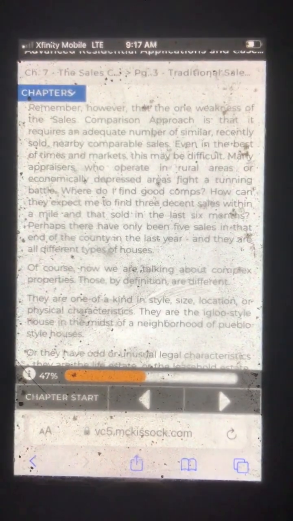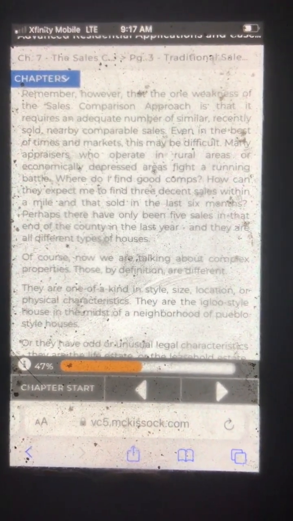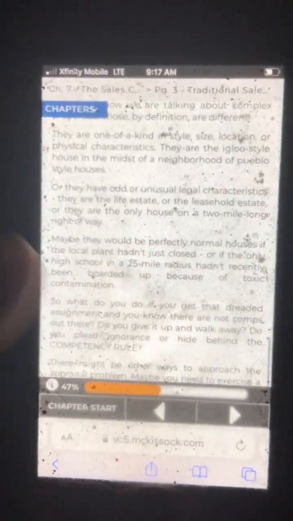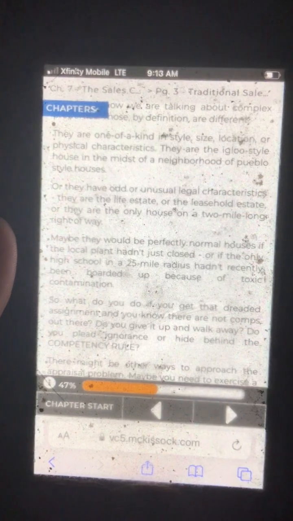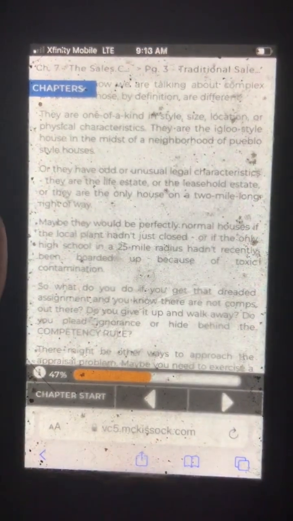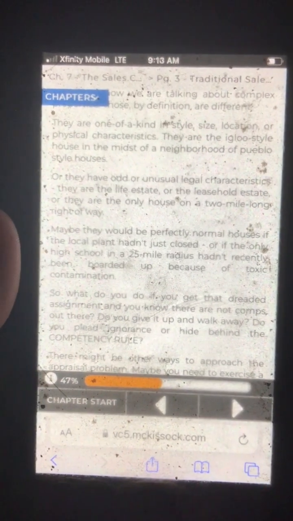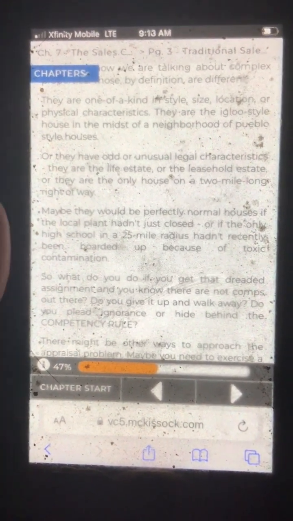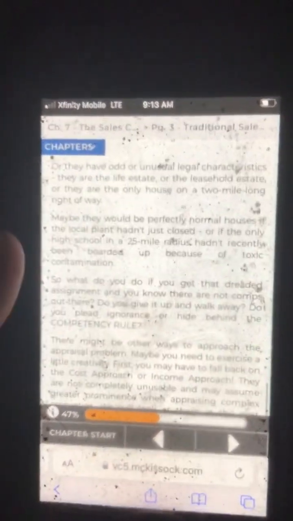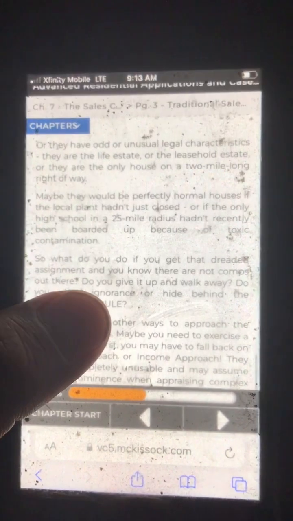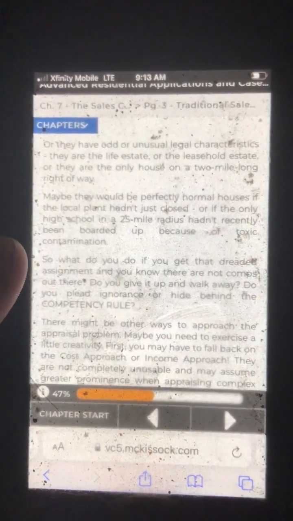Of course, now we are talking about complex properties. Those by definition are different. They are one of a kind in style, size, location, or physical characteristics. They are the igloo style house in the midst of a neighborhood of Pueblo style houses. Or they have odd or unusual legal characteristics.